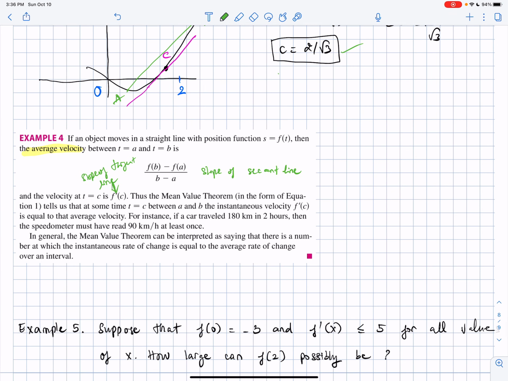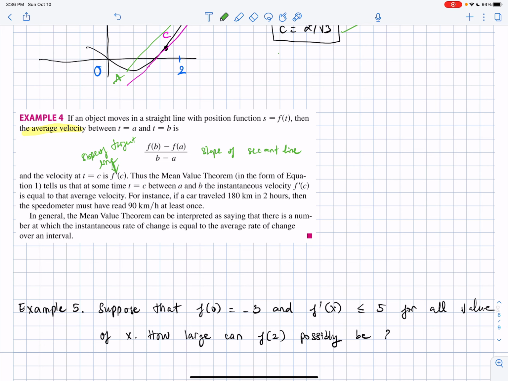And by the mean value theorem, they are equal. So, for instance, if a car traveled 180 kilometers in 2 hours, then the speedometer must have reached 90 kilometers per hour at least once.